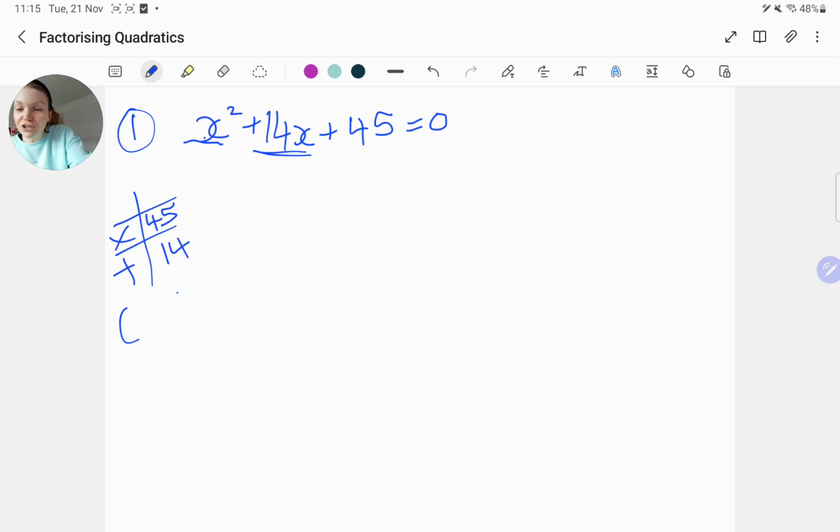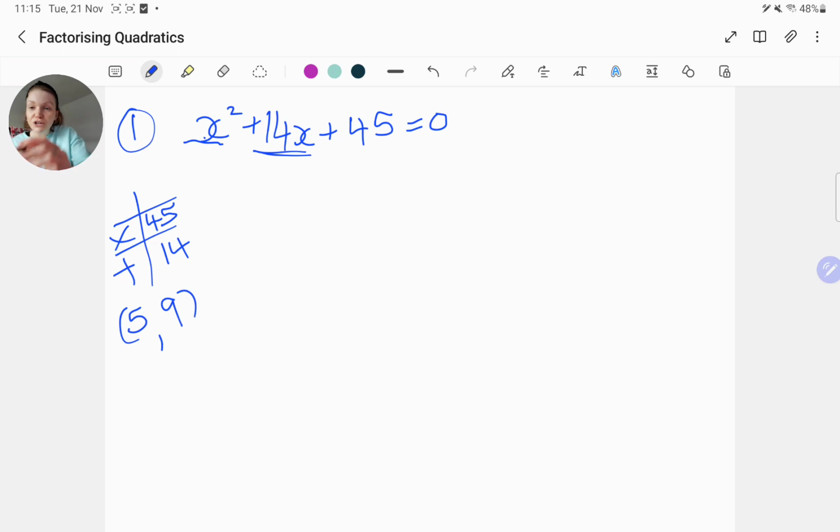So now we have to think of two numbers that multiply together to give 45 and add to give 14. Both of these are positive, so we're thinking of two positive numbers. What gives you 45? Well, you have an obvious one of 5 and 9, and 9 plus 5 is 14, so we've got it, hey presto.